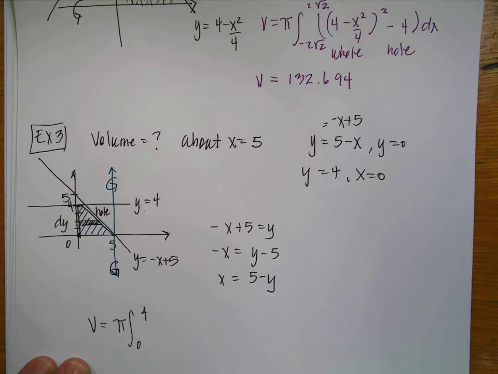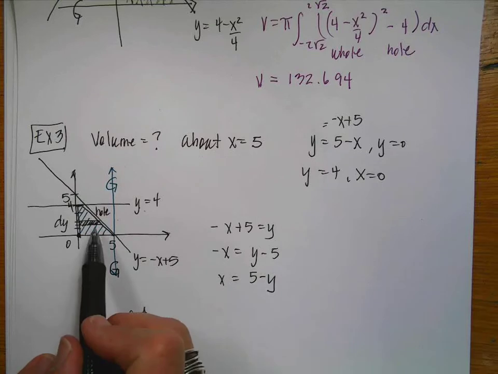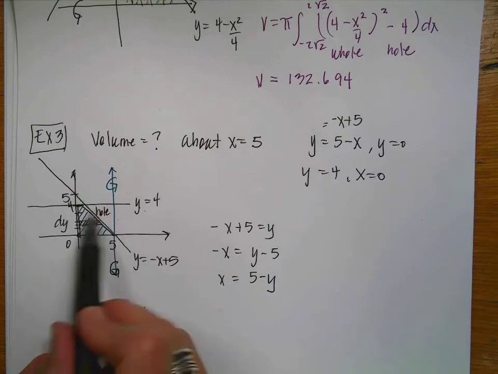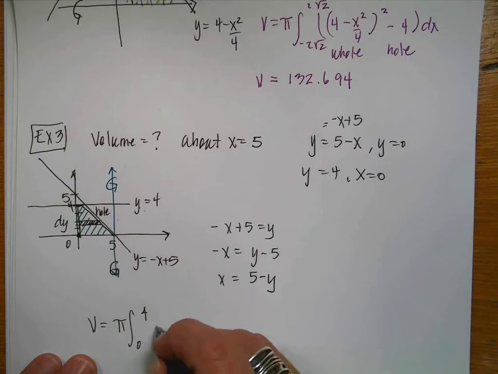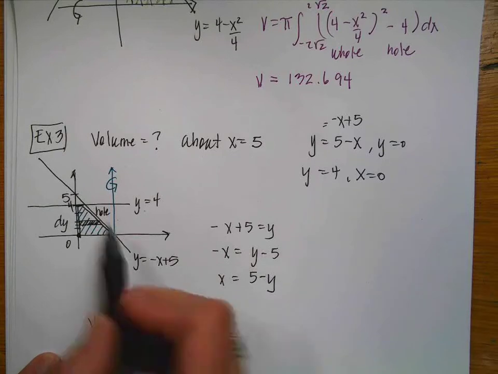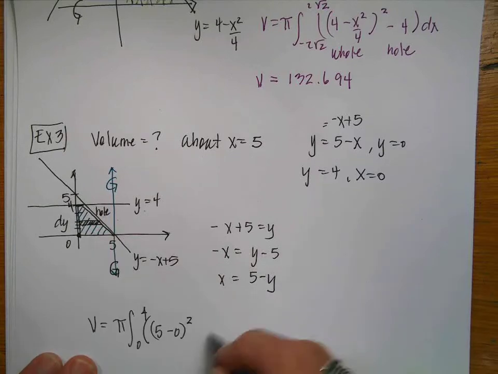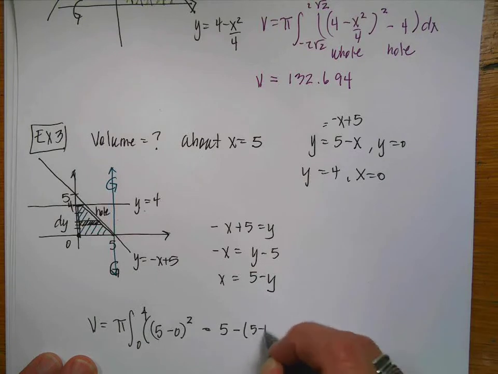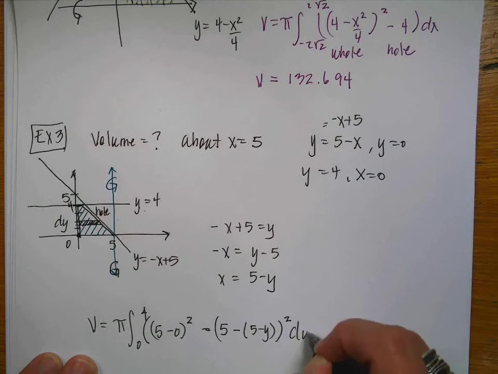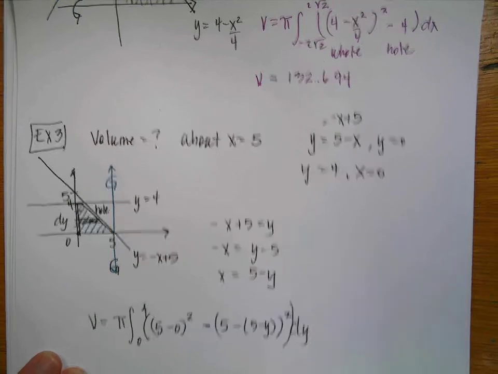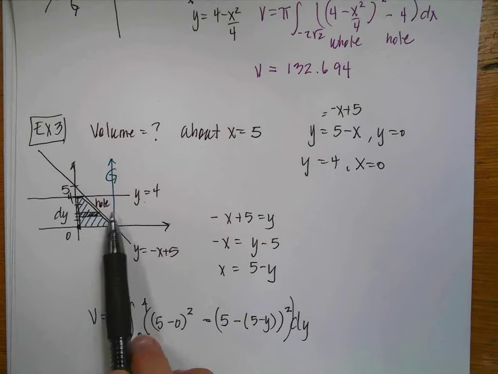I'm going to integrate pi from 0 to 4. My big rectangle is going to be 5 minus 0, quantity squared. And then when I do the hole, I'm going to do 5 minus y, quantity squared, and then I have my dy on the outside edge.